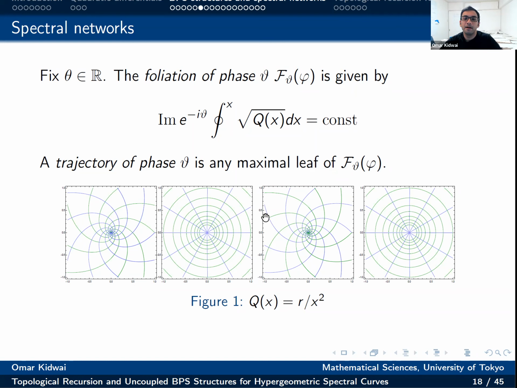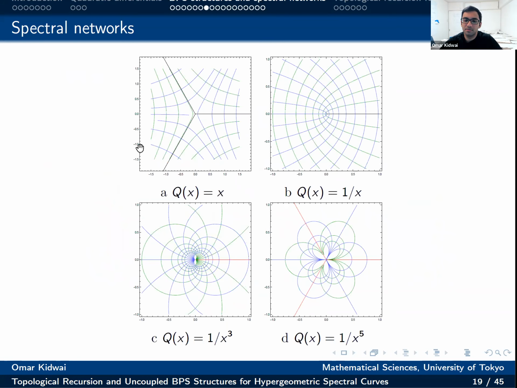The other typical cases that appear: I have a simple 0 that looks like this. A simple pole would look like this. In black here, I've just written the ones emanating from the special point, the 0 or the pole.